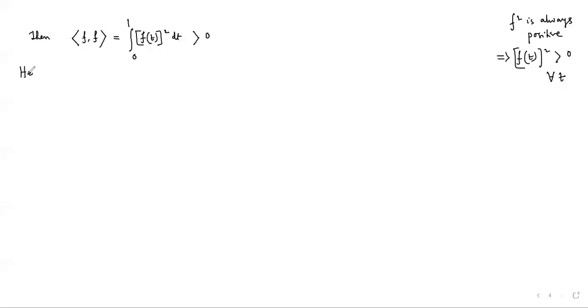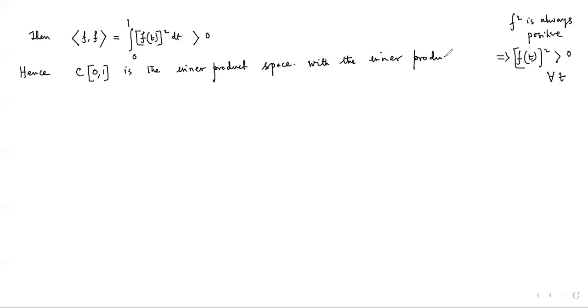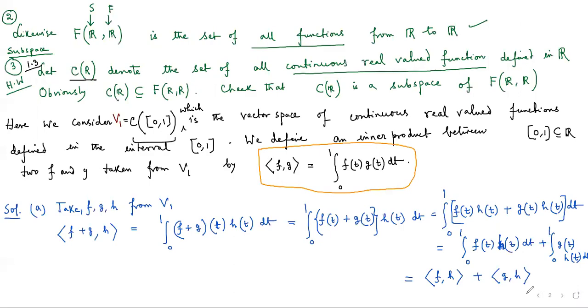Hence C[0,1] is an inner product space with the inner product defined on it. Okay, so that is another example of the inner product.